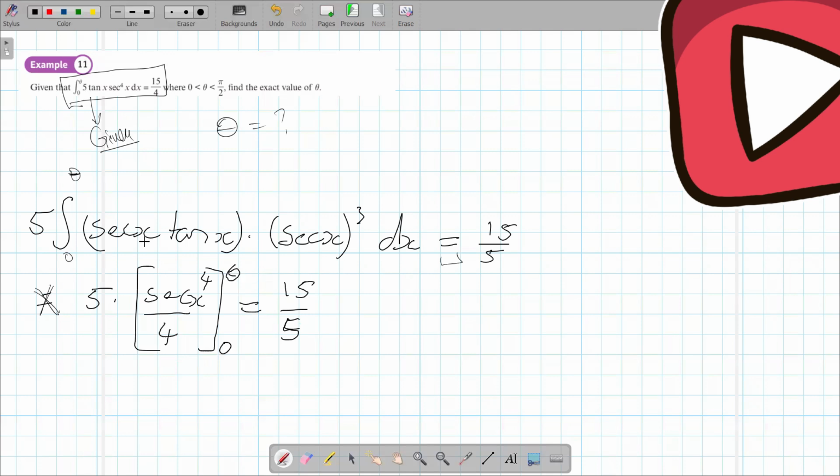5 times this over 5. So if I divide both sides by 5, I can make this like that, right? Yes.